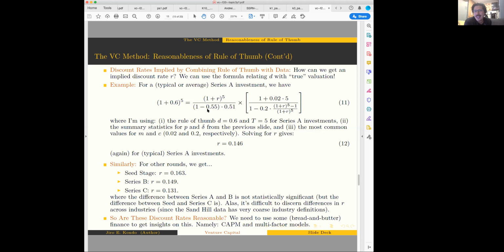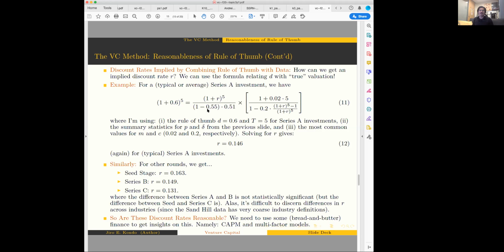I did this exercise not just by round, but also by round and industry. So I did Series A for healthcare, Series A for consumer internet, Series A for other industry, and then I got that number for R in all the cases.